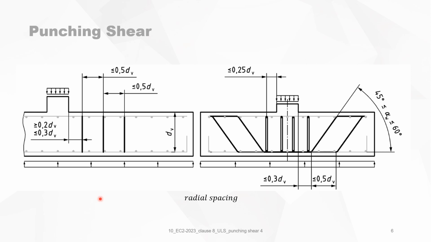For the radial spacing for foundation slabs, it's not 0.75 dV but 0.5 d, and the first perimeter of reinforcement should be between 0.2 and 0.3 dV.